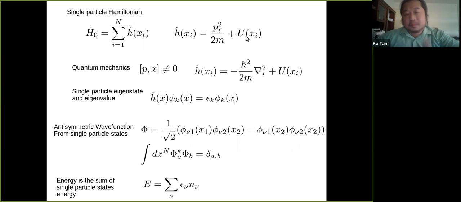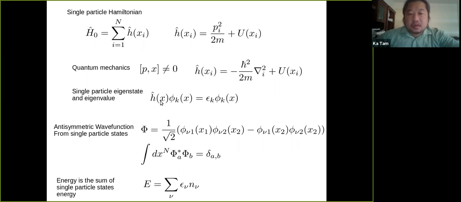It's just a replacement of the momentum by a differential operator. So it becomes a differential equation, or you can see it as an eigenvalue problem. So you can diagonalize the Hamiltonian and write down the eigenvalue problem.